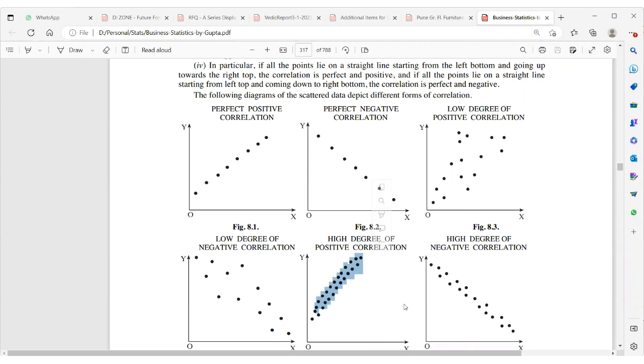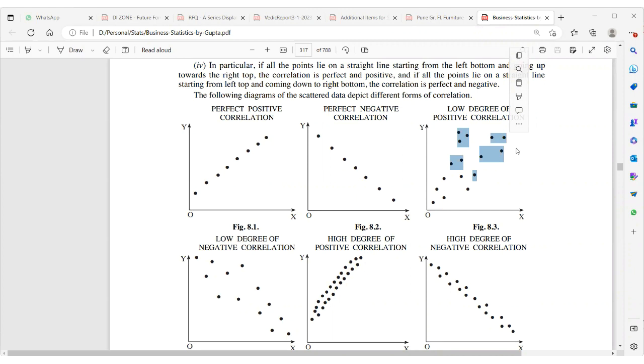Similarly, if these points are far from that imaginary line, we say low degree positive correlation, because it is going upward, so it is positive.